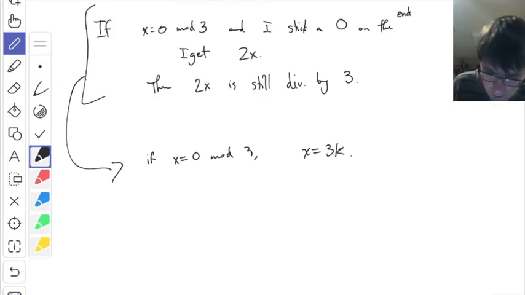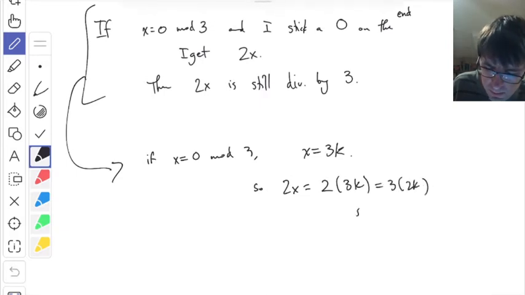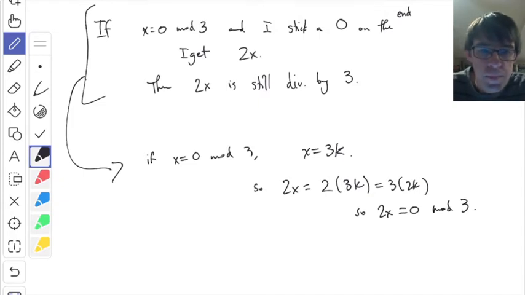And so what is 2x? 2x is 2 times 3 times k, which is 3 times 2k, which is, I'll say it this way, 2x is 0 mod 3, right? Just a little more algebraic way of writing the same thing again. I suppose this would constitute a proof that 2x is still divisible by 3, because you can still factor 3 out of 2x, okay?